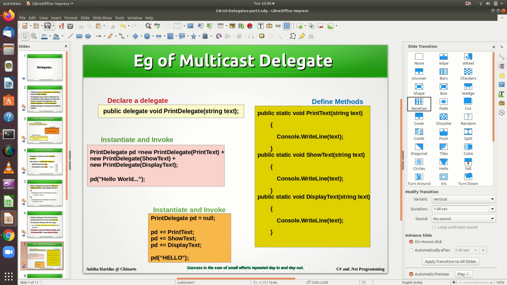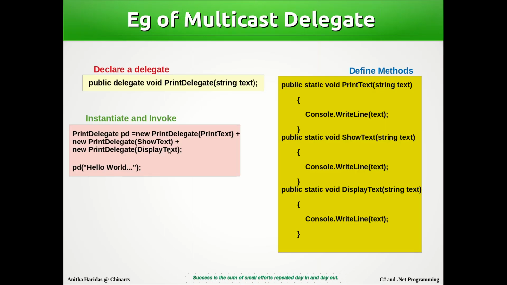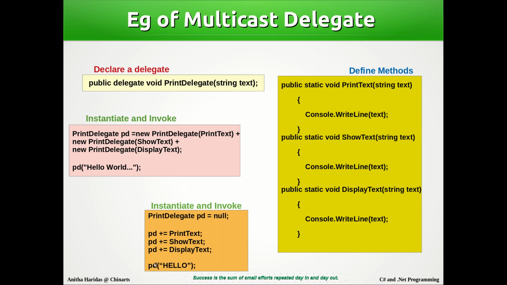You just invoke the method as you invoke a normal method. You invoke the combined delegate method using only one reference here, which will be PD. This is also possible in the multicast delegate.